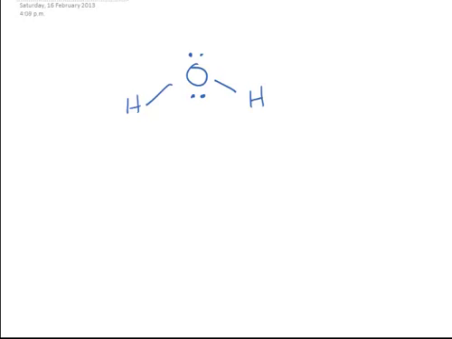Now this is H2O. It has 4 regions, 1, 2, 3, and 4. 2 bonding, 2 non-bonding pairs of electrons. That gives a bond angle of approximately 109 degrees, and the shape is considered to be bent.